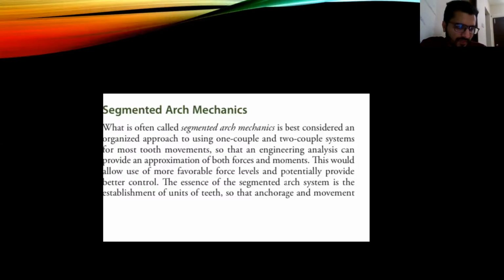Segmented arch mechanics, very important. Yes, Kanchan, you're right. It is Charles Burstone. Very important point. Note this down. Segmented arch mechanics was given by Charles Burstone.